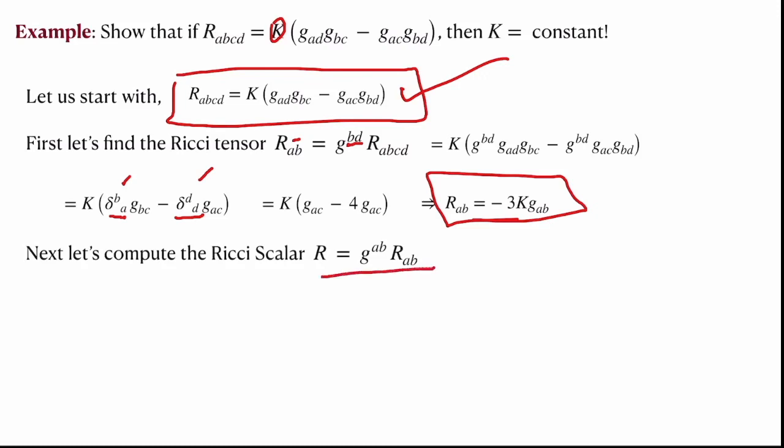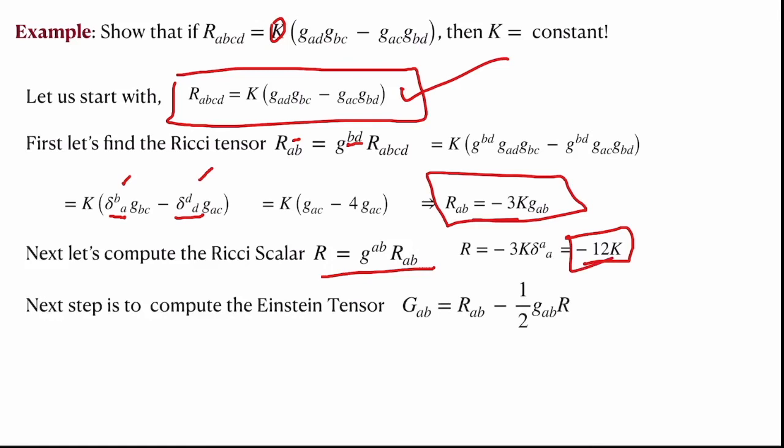That means we contract this once again, that is we multiply g^AB to R_AB itself. Then we get R as minus 3k into delta_AA. Delta_AA has to be 4 in 4 dimensions. That is essentially the trace of our identity matrix, and that is coming out to be minus 12k.